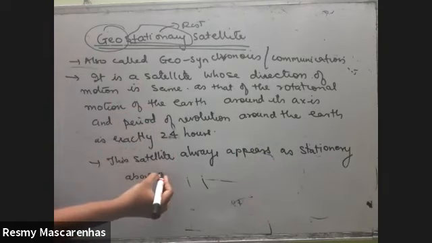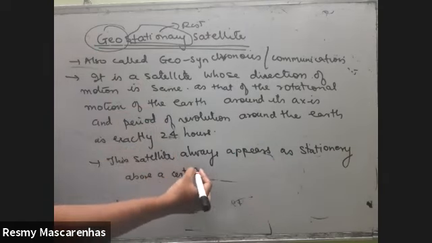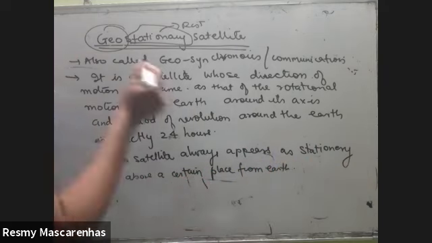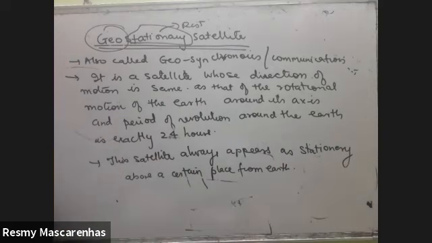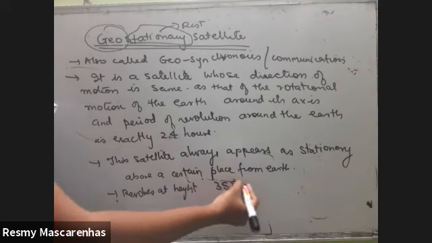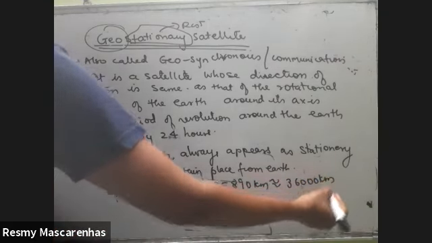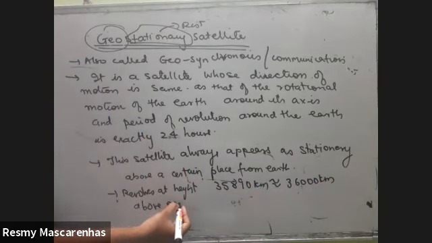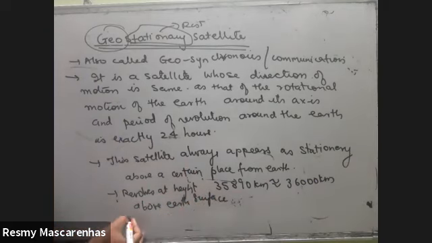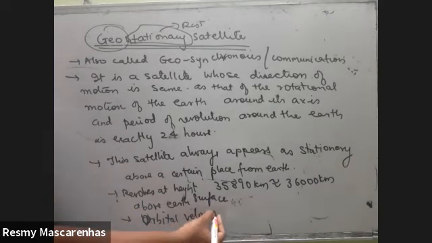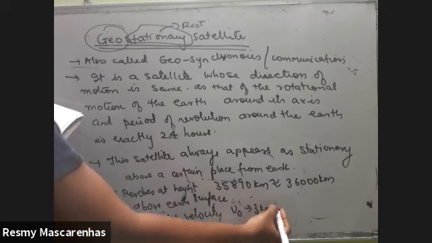Above a certain place on Earth. Usually it revolves at a height of 35,890 kilometers, which is approximately 36,000 kilometers from the Earth's surface, and its orbital velocity is about 3 kilometers per second.